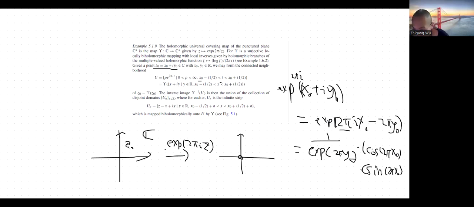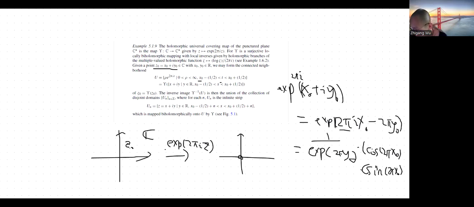Then you get that neighborhood, and the inverse image is the union of the collection of the domains.